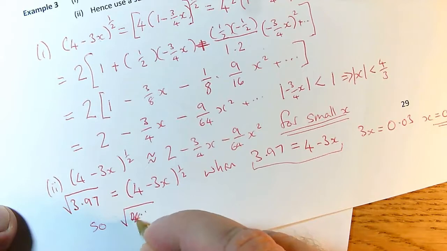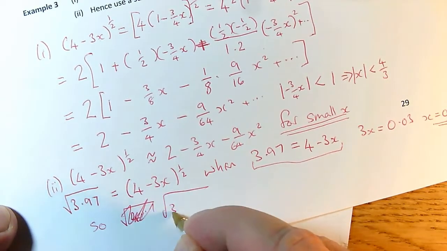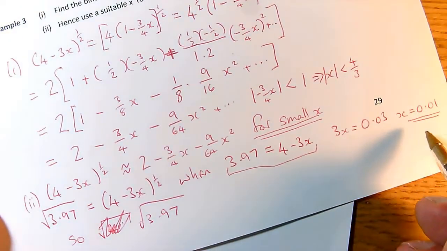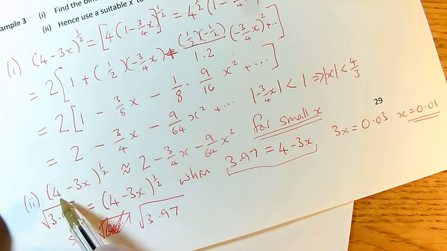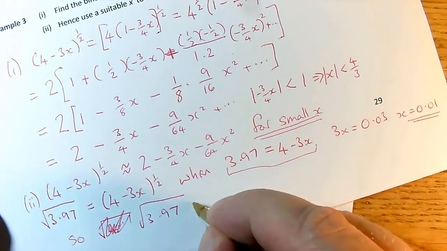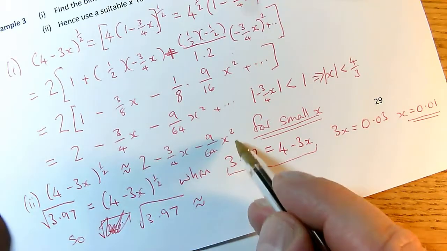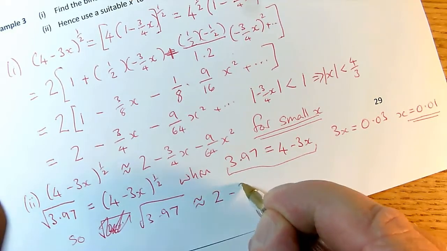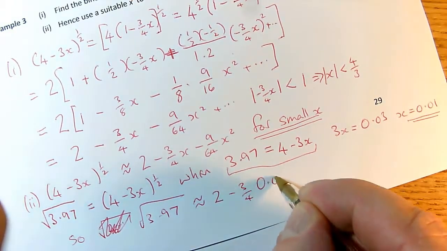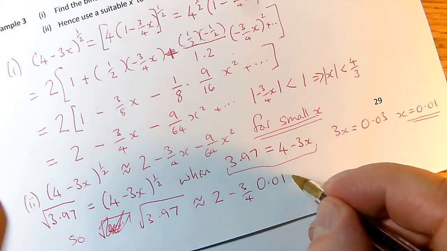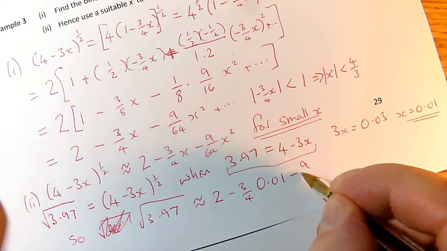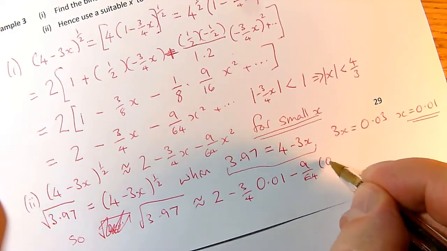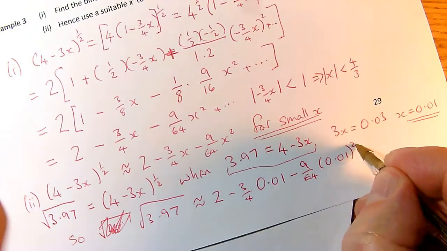The square root of 3.97 is exactly what I get when I substitute my 0.01 into the exact side. So therefore, an approximation to this is what I get when I put my 0.01 into the other side. So 2 minus 3/4 of 0.01 minus 9/64 of 0.01 squared.